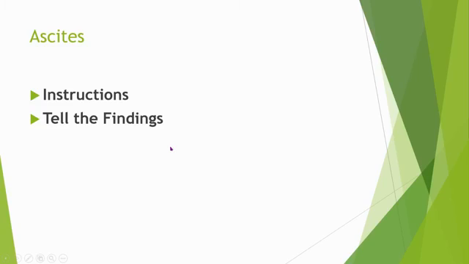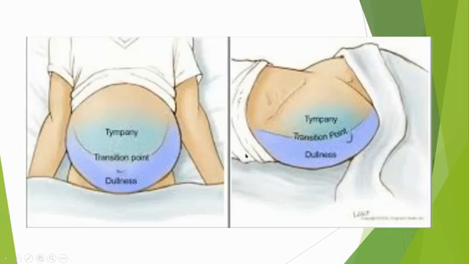And then the examiner will guide you on what you should answer according to the examiner's questions. Sometimes you forget to do the shifting dullness during abdominal examination. Please don't forget to do it.